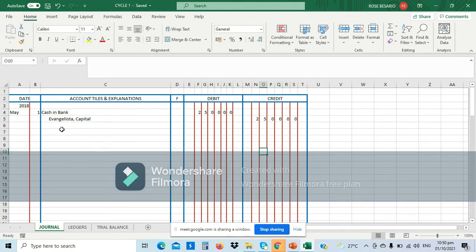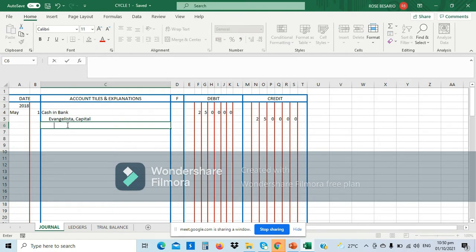After that, you'll have your explanation. You can say to record an initial investment, or you can simply say initial investment. Okay, so that is your explanation.